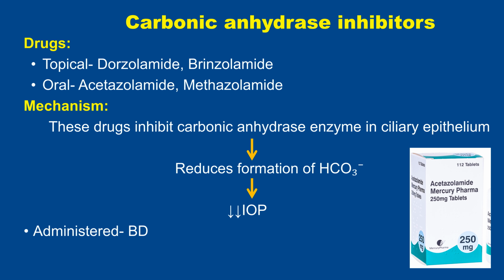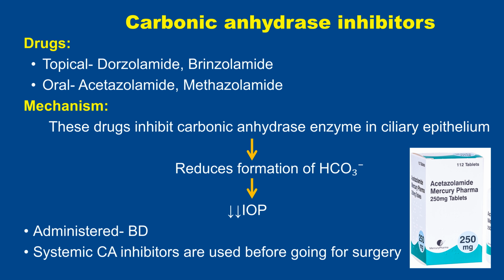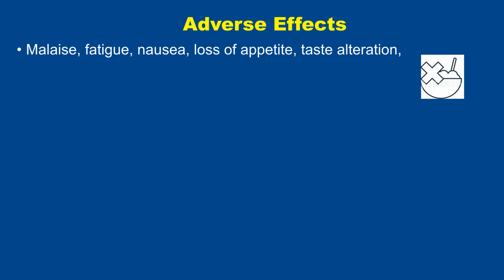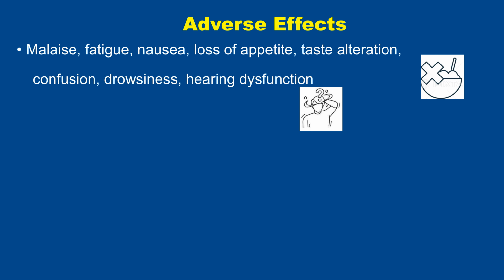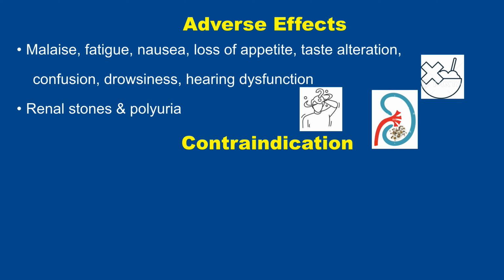They are usually administered twice a day. Systemic carbonic anhydrase inhibitors are used before going for any surgical resection. Coming to the adverse effects of CA inhibitors, they include myalgia, fatigue, nausea, loss of appetite, taste alterations, confusion, drowsiness, hearing dysfunction, renal stone, and polyuria.